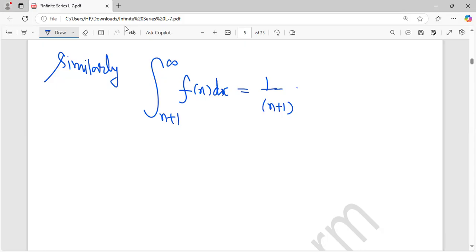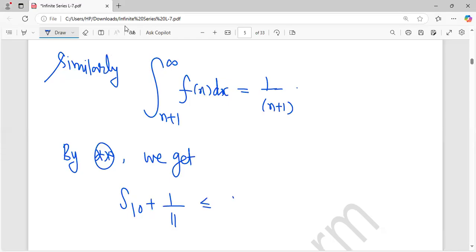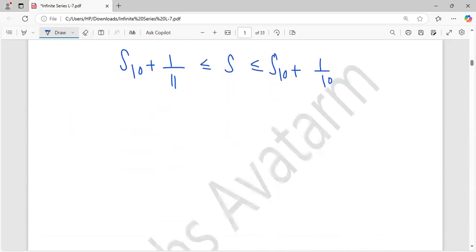Now by double star we get S_10 plus 1 upon 11 less than S less than S_10 plus 1 upon 10. Let's say this is equation number 3.